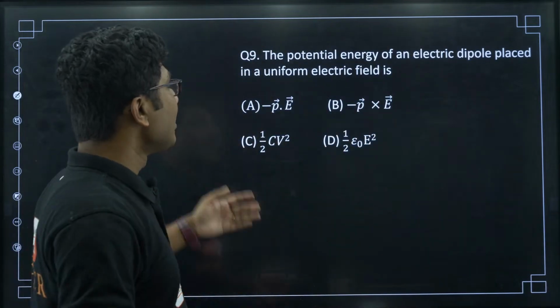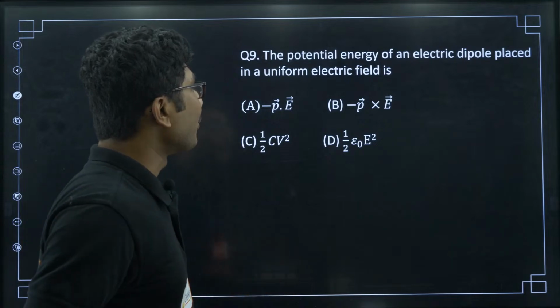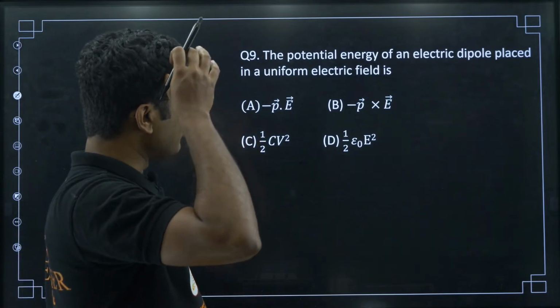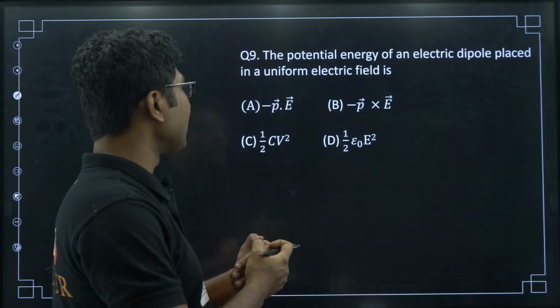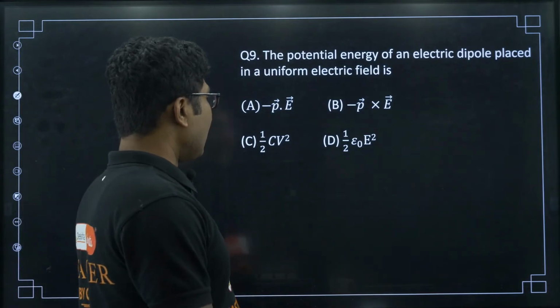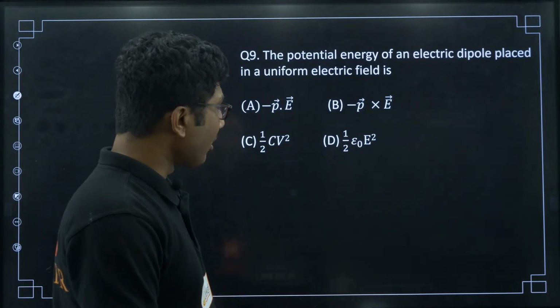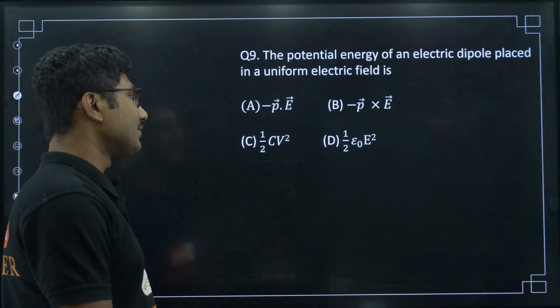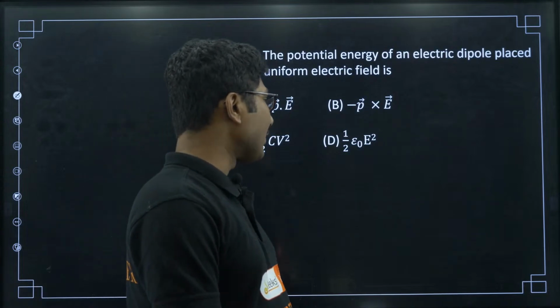Sorry for the delay. So, 9 is an interesting question. The potential energy of an electric dipole placed in a uniform electric field is: A, minus P dot E; B, minus P cross E; C, half C V square; D, half epsilon naught E square.